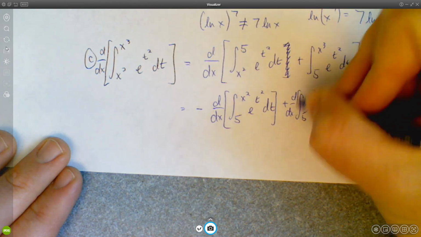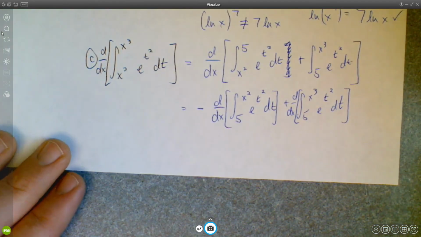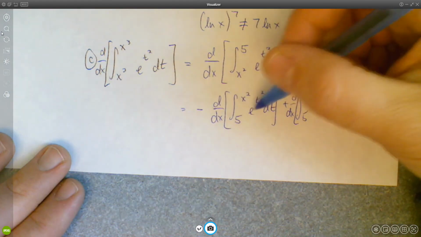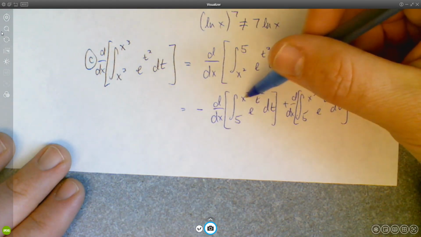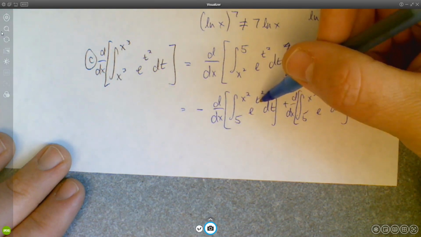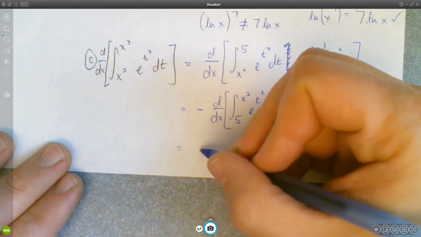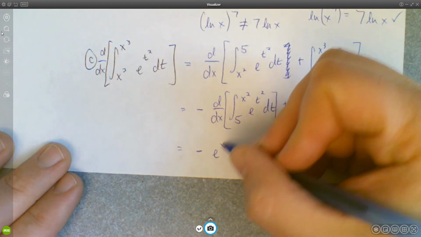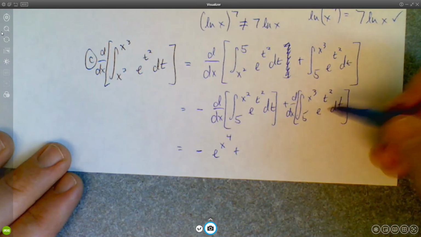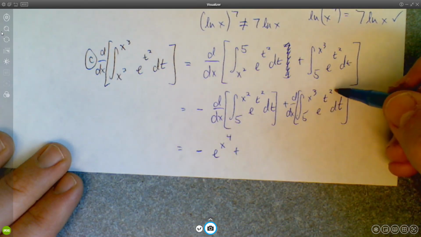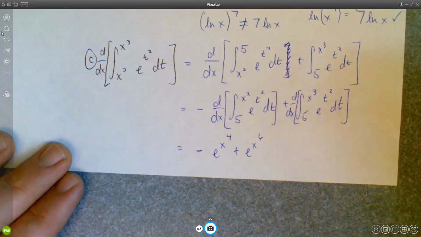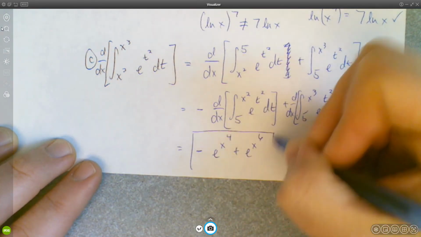By now you can tell, I'm just going to plug in x squared for t, so I get x squared squared, that's x to the 4th, so this is going to be negative e to the x to the 4th, plus, and here I plug in x cubed squared, which is x to the 6th, so I get plus e to the x to the 6th. And that's all there is to that.